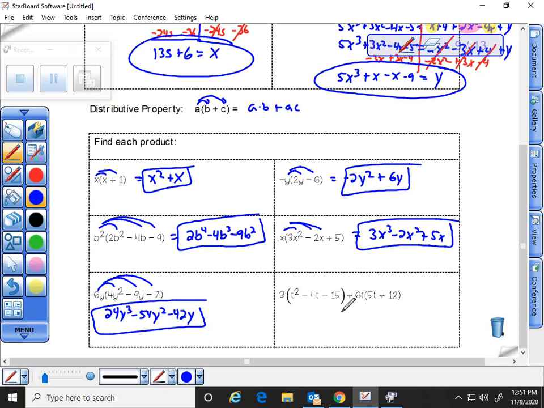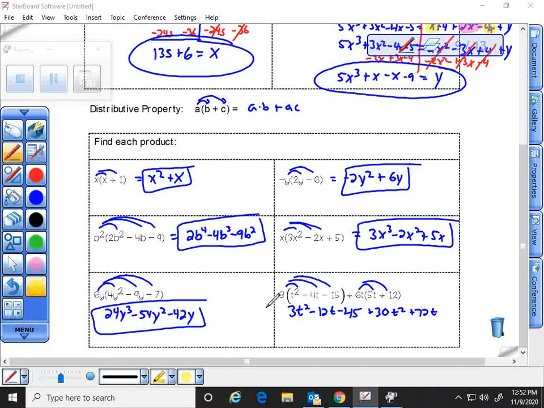Alright, this one here, distribute the 3 throughout to get 3t squared minus 12t minus 45, and then distribute the positive 6t throughout to get a positive 30t squared, and then 6t times 12 is a plus 72t.